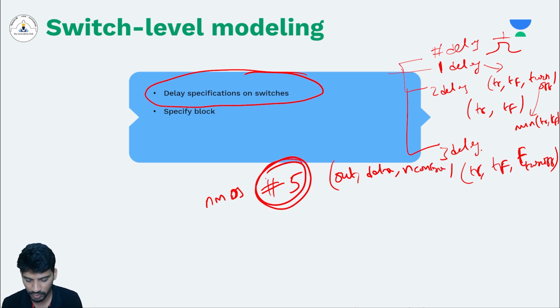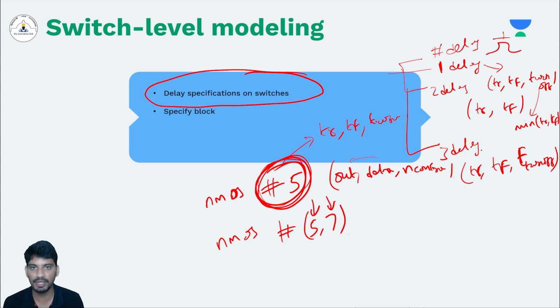This 5 time units is my TR, TF and T turn off. If I don't apply anything, then there is no delay. It is like ideally passing the input to the output. Similarly, if I apply 5 comma 7, in this case 5 is my rise time, 7 is my fall time, and my turn off time will be the minimum of 5 comma 7, which is 5.